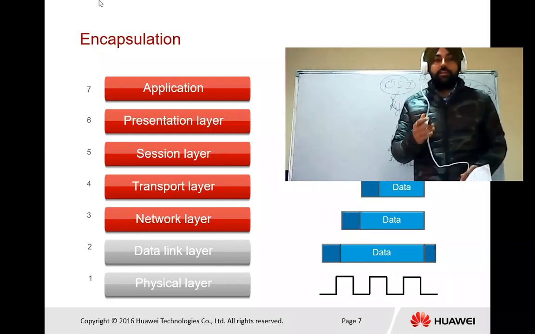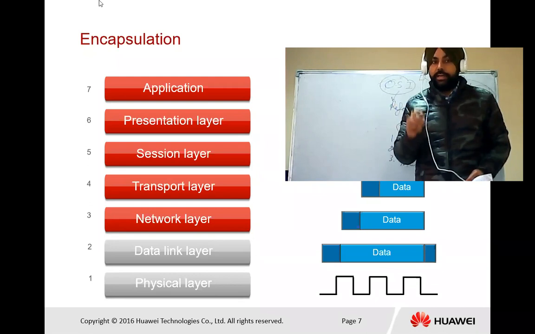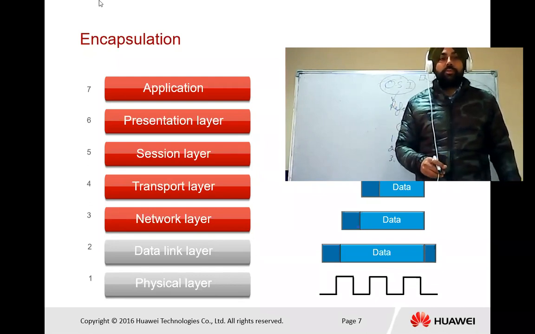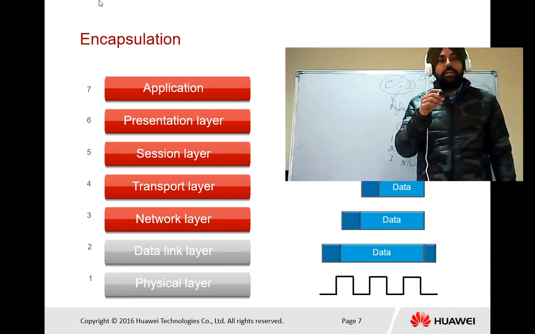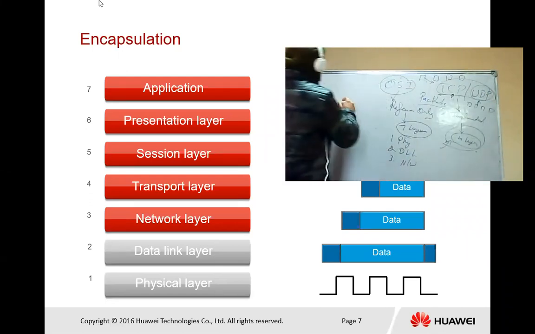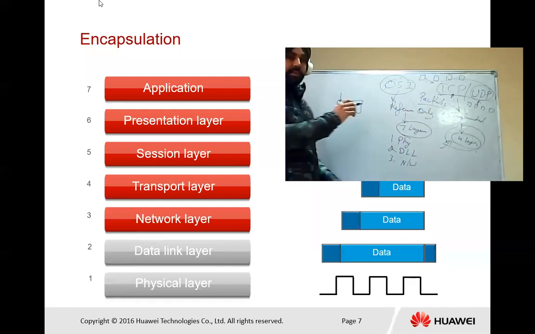After the application layer, we have the next layer, that is the presentation layer. There is only data. After the session layer, you can see there is only a data field. But when we are talking about the transport layer, one additional field is added to this data.